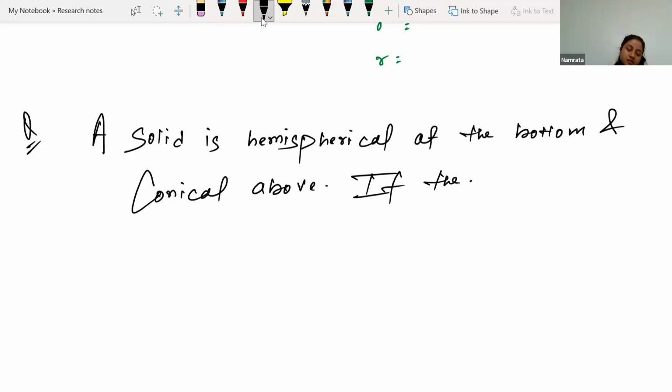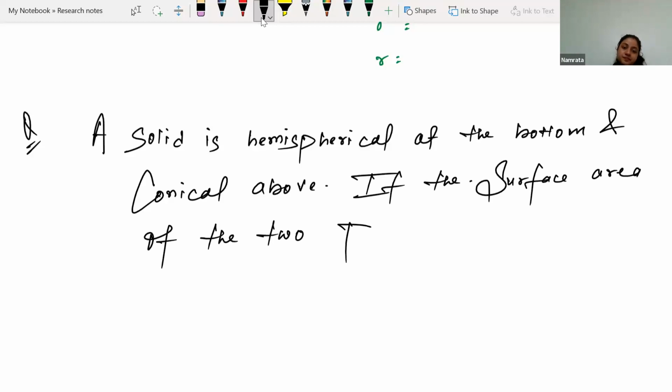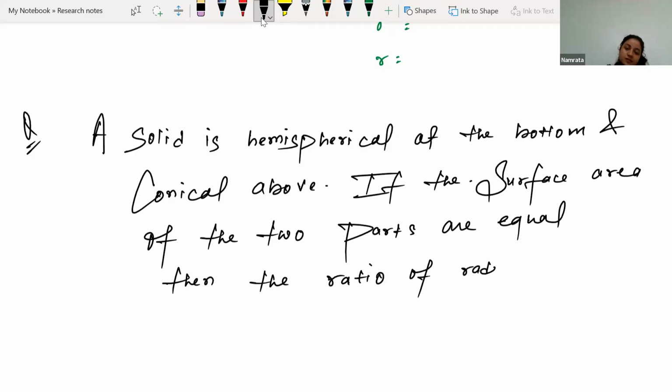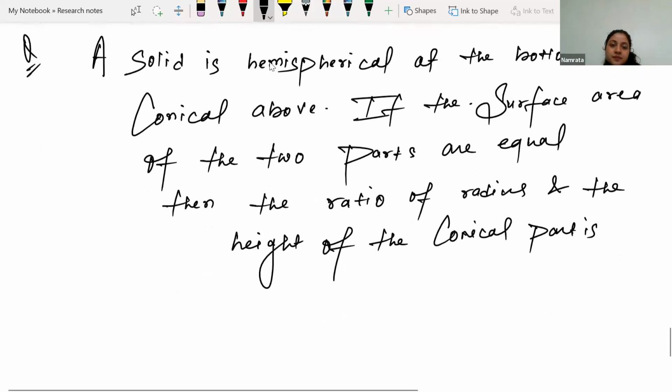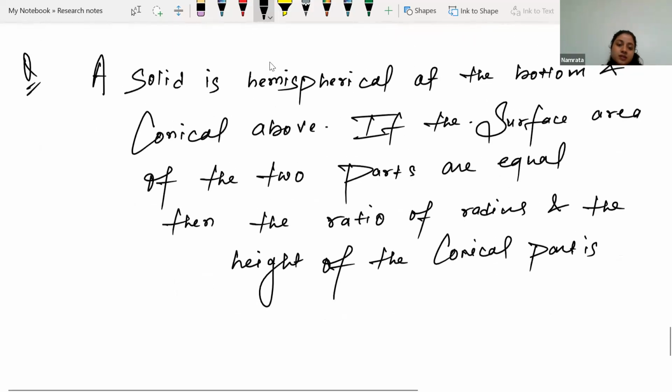If the surface area of the two parts are equal, then the ratio of radius and the height of the conical part is: option A, 1 is to 3.